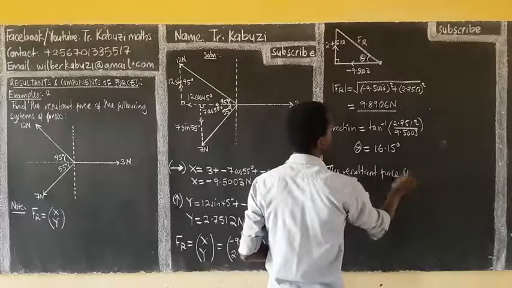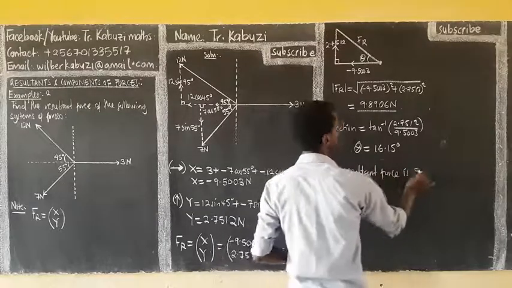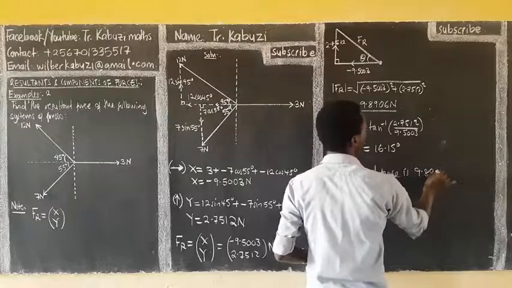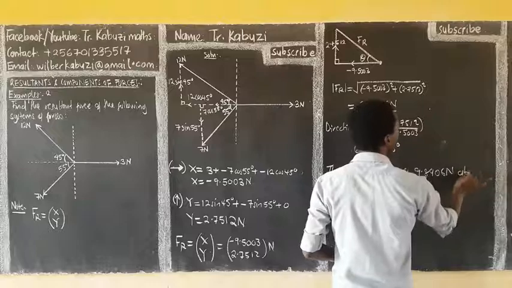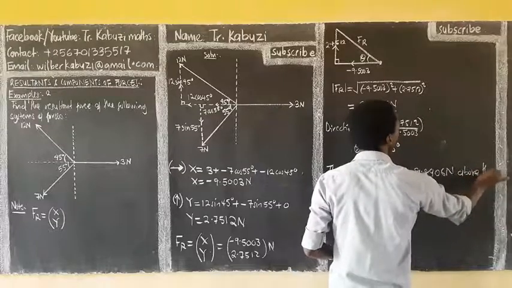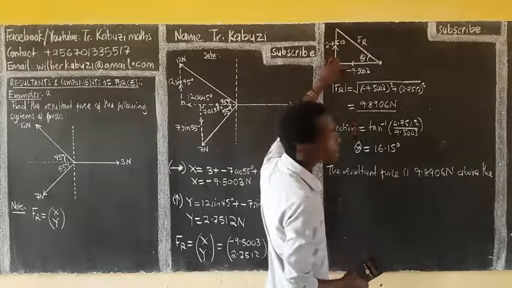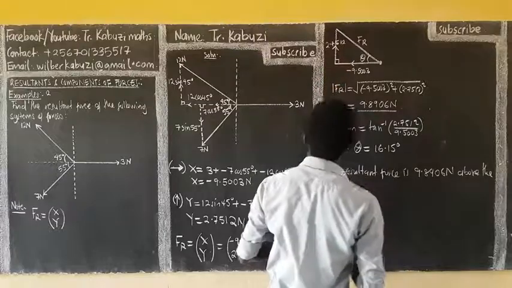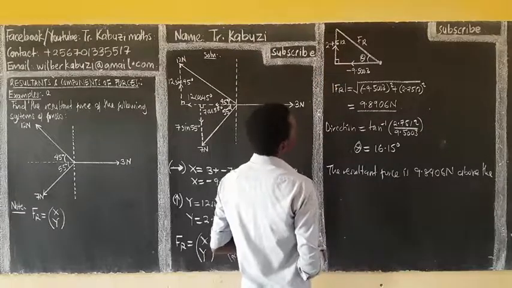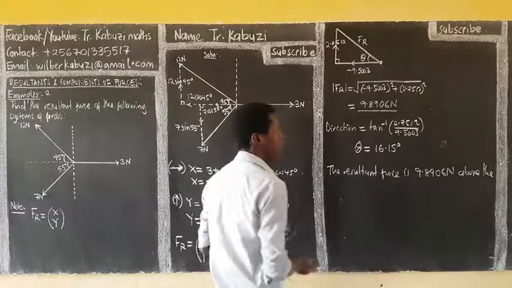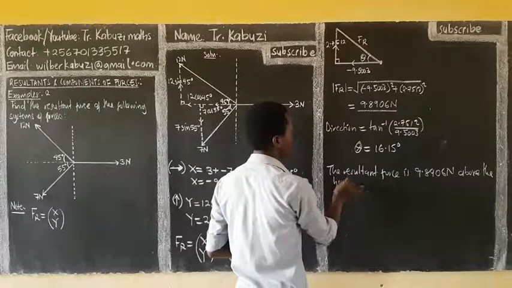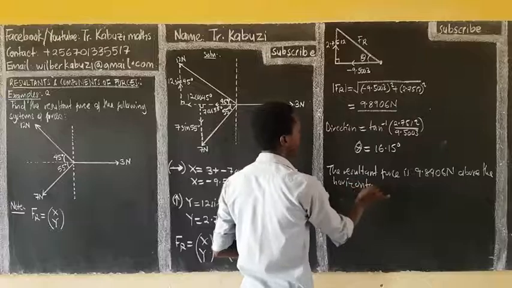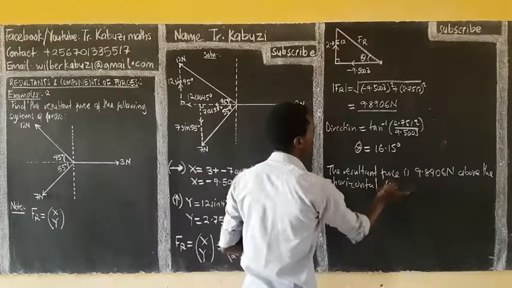So therefore, the resultant force is 9.8906 newtons, 16.15 degrees above the horizontal. You indicate the horizontal force.